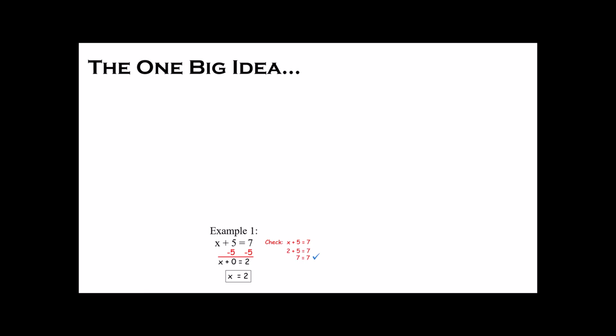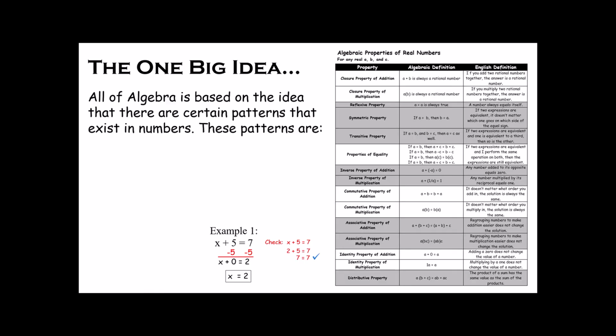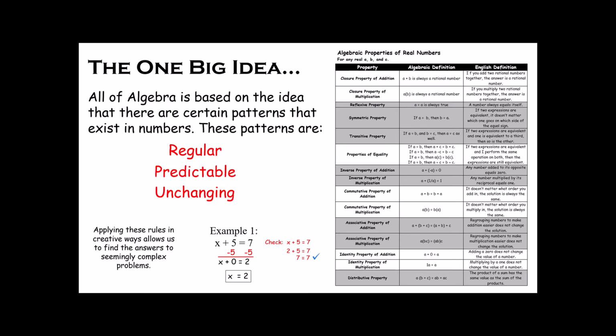The one big idea that I keep mentioning over and over again is that all of algebra is based on the idea that there are certain patterns that exist in number, and that these patterns are regular, they are predictable, and they are unchanging, and that we can apply these same rules in creative ways to solve increasingly complex problems.